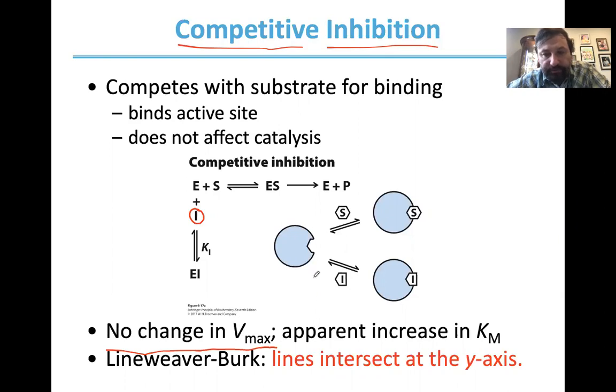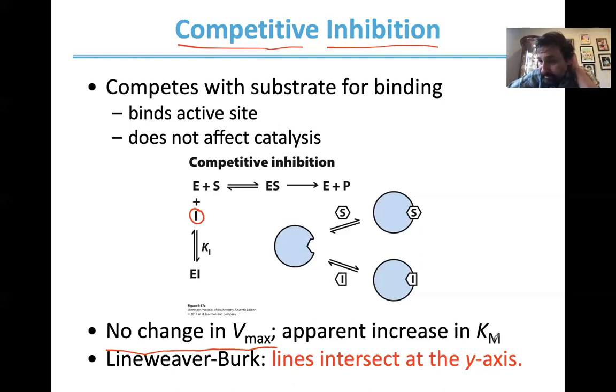All you need to do is add more of the substrate, and eventually the larger quantity of the substrate will outcompete the inhibitor for this binding site, and the reaction can still reach the Vmax.